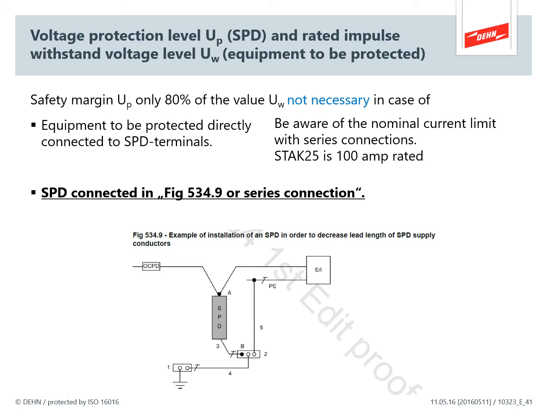We only need to be mindful of the connection labeled here as item 3, and that's a connection from the SPD to the MET or the main earth bar or the chassis. That's the only dimension we're interested in. And be aware that because the terminals of the SPD are going to be part of the series connection, their maximum nominal rating needs to be taken into account.